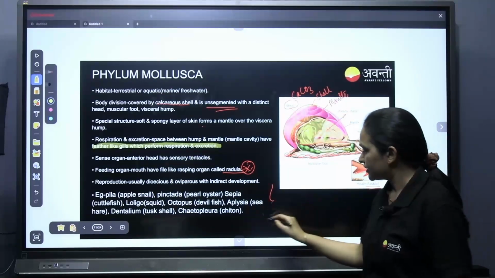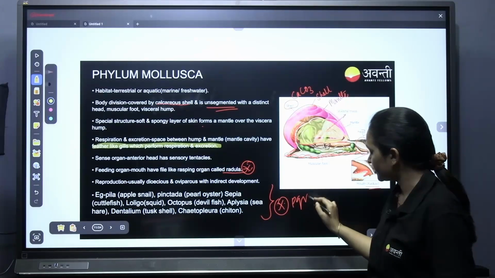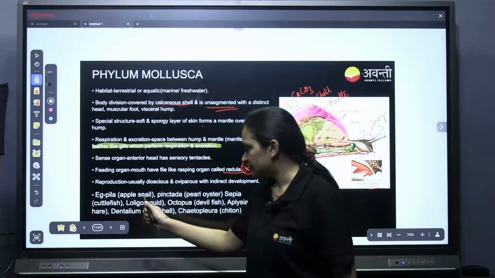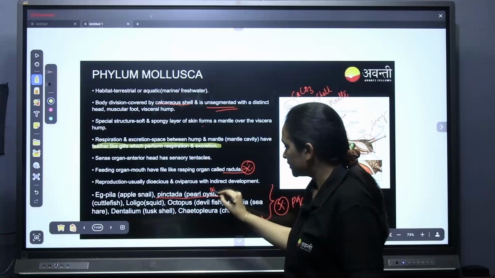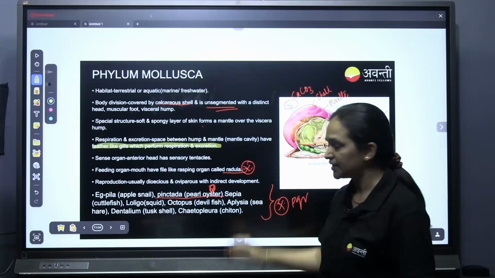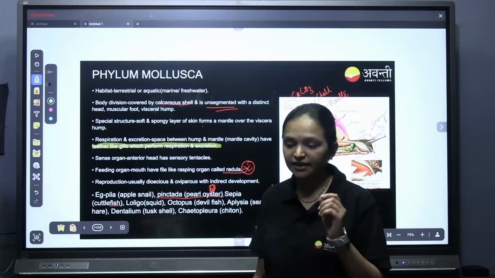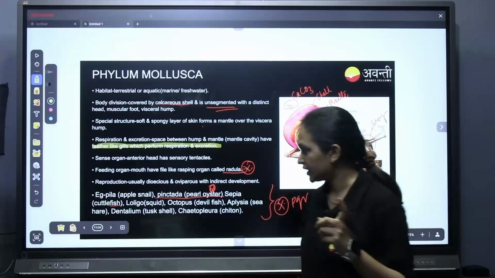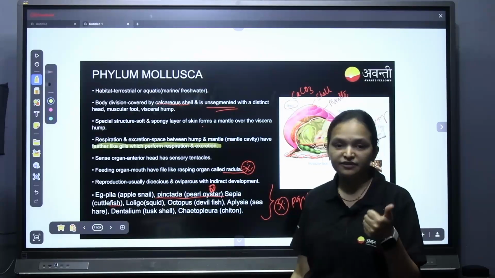This has been a previous year question, the examples. Pila is called apple snail, Pinctada is a pearl oyster, PYQ. Sepia is a cuttlefish. Here the name has fish, but that doesn't mean it is a fish, it's a mollusk. Cuttlefish is a mollusk. Please remember this, because silverfish also comes.